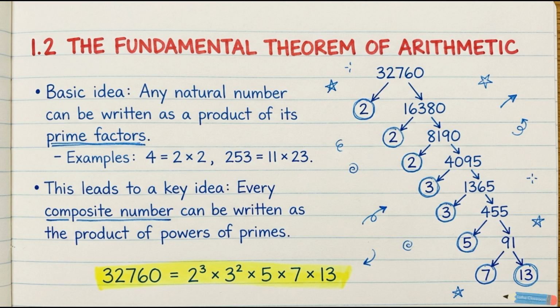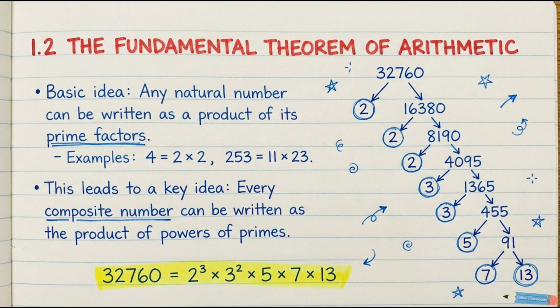Suppose 32,760. You can see 32,760 is 2 into 16,380. Again 16,380 can be written as 2 into 8,190.